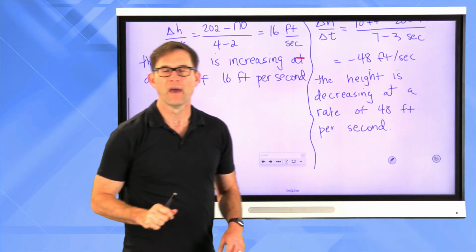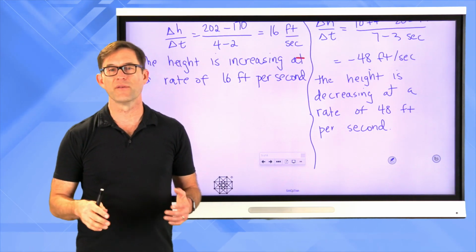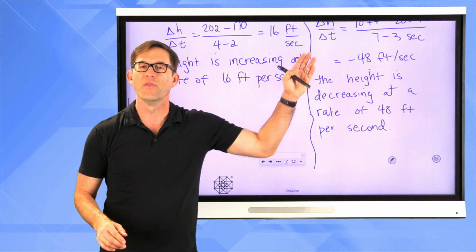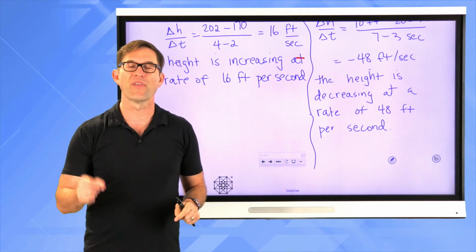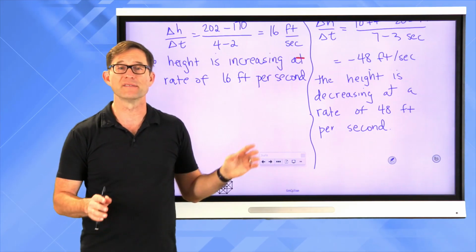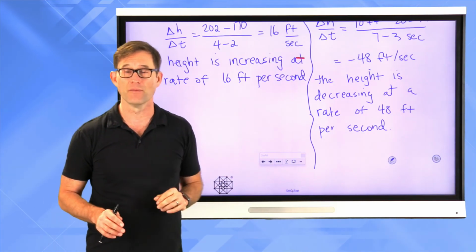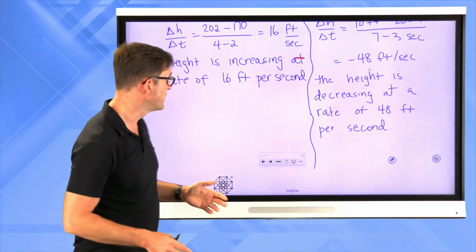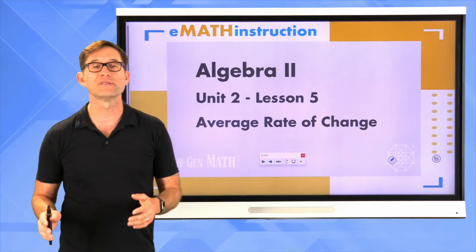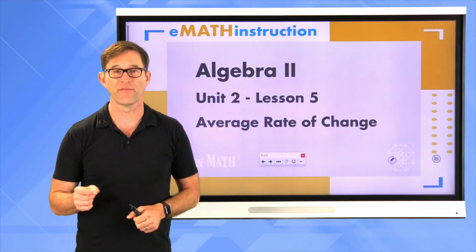And I wouldn't want to say that the height is decreasing at a rate of negative 48 feet per second, because that would be kind of like a double negative, right? The negative specifically tells me that the height is decreasing there, and because this is positive, it tells me that the height is increasing over that interval, all right? So average rates of change can indicate both increasing and decreasing, as well as how fast.